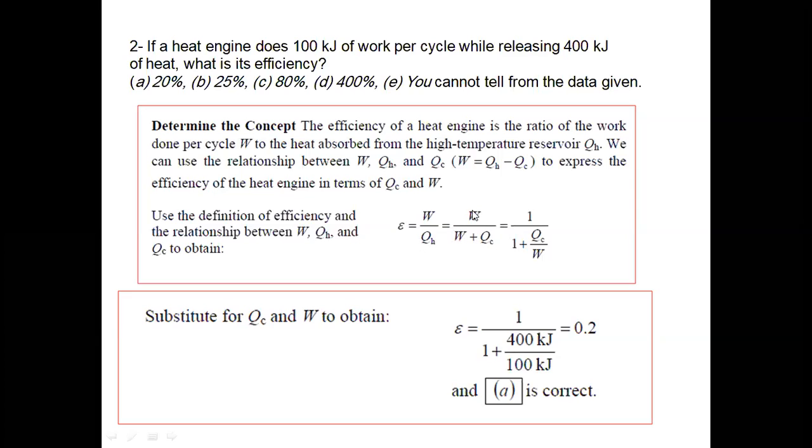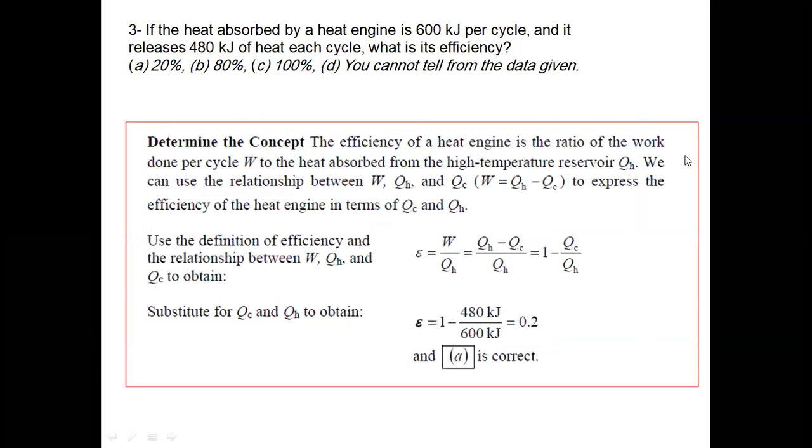This equals 1 over 1 plus QC over the work. Substituting for QC and the work, the efficiency equals 1 over 1 plus 400 kilojoule over 100 kilojoule, which equals 0.2. So the answer is A, 20%.